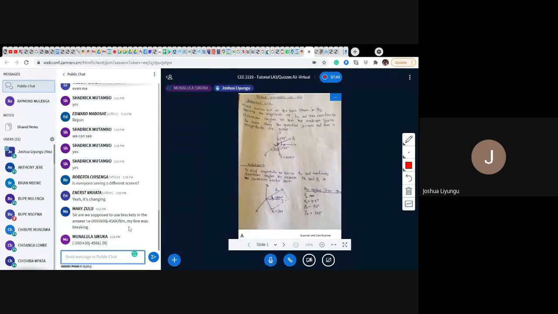If the example that I've given you says use this type of brackets, leave it the way it is.